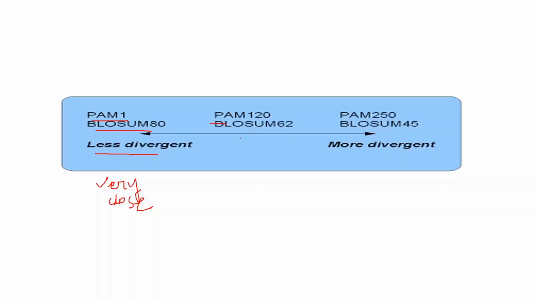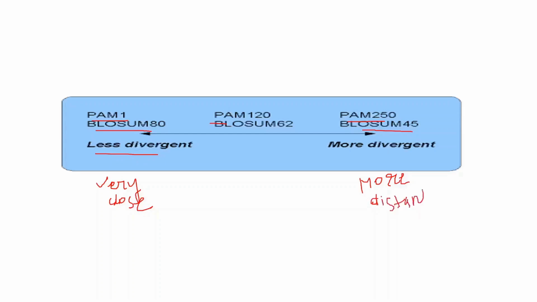But when you go to higher PAM or lower BLOSUM, like PAM 250 and BLOSUM 45, it means your sequences are more distant.